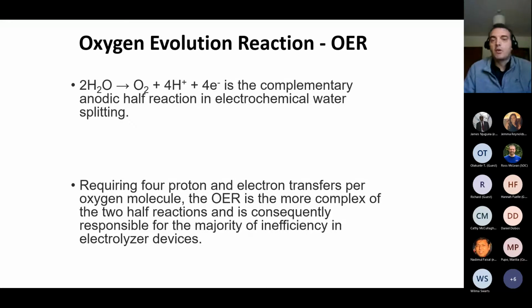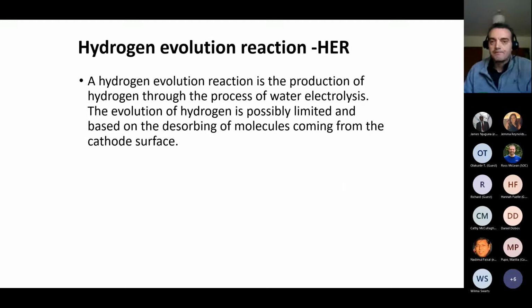The other one is called the hydrogen evolution reaction, which, as we mentioned earlier on, is the production of hydrogen through water electrolysis. That reaction is limited by and based on the dissolving of molecules coming from the cathode surface. Okay, so slowly we're getting there.